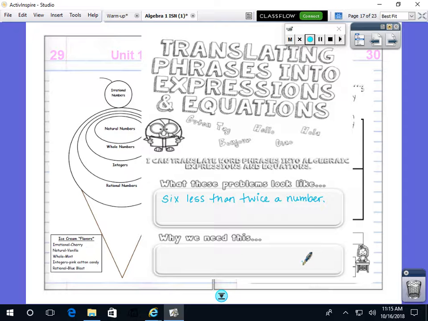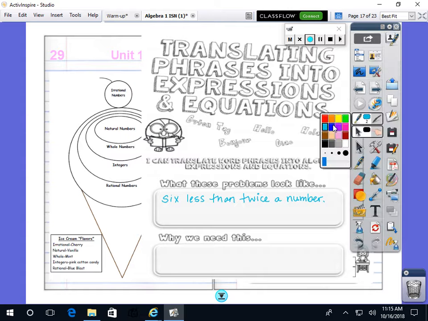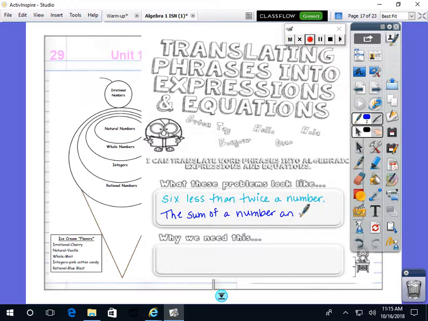Okay, another example of what these problems look like is a phrase like the sum of a number and 5. Okay, so today we're going to be learning to take these from phrases, from words, and write them as algebraic expressions and equations.